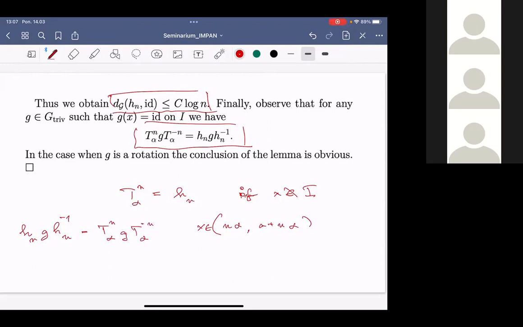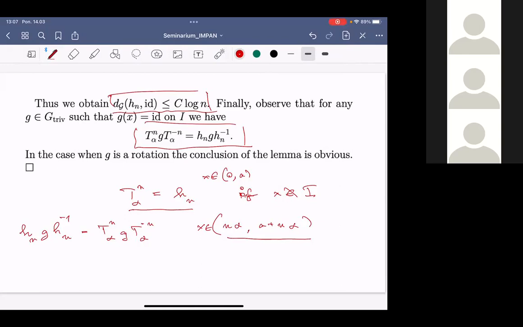Why? Because t alpha n and hn were equal. They were equal for x in 0a. So on this set, they are equal. But both are homomorphisms.